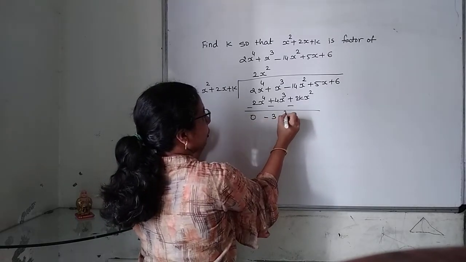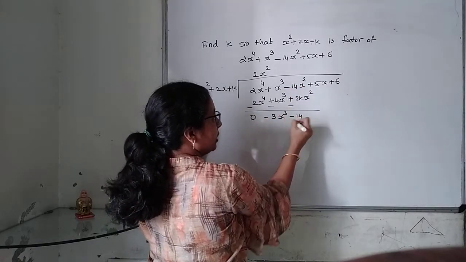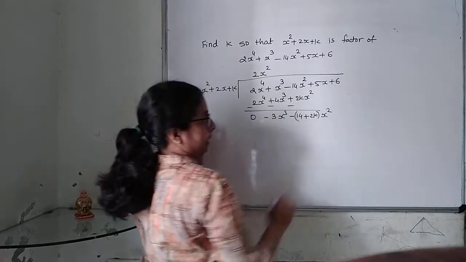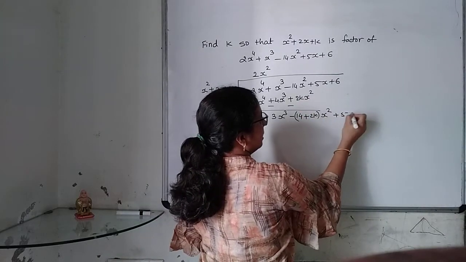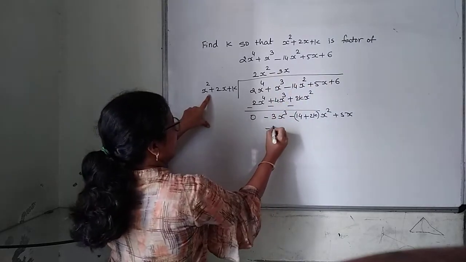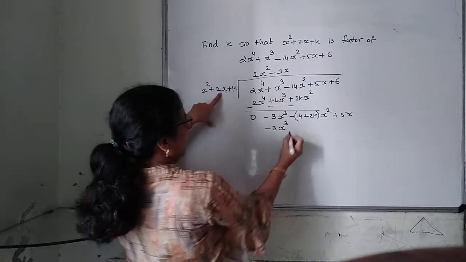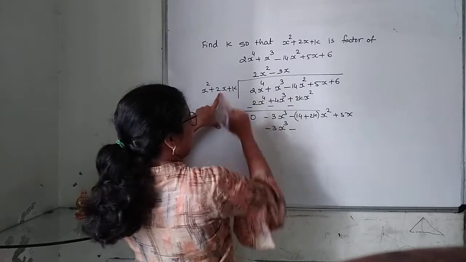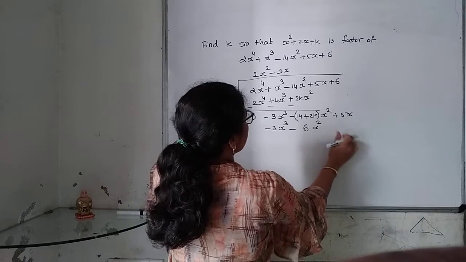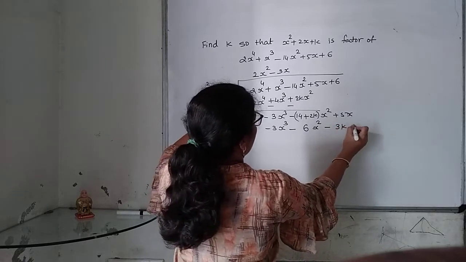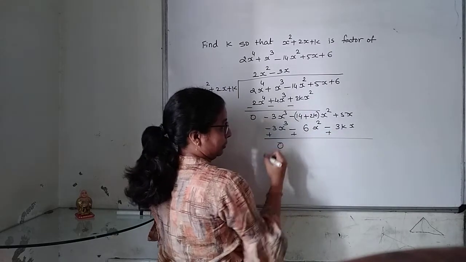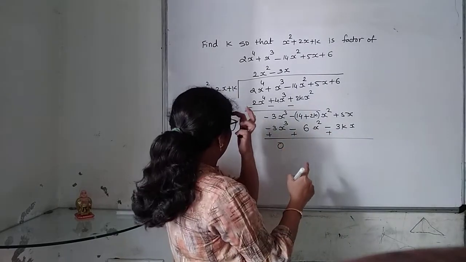Here 3x cube, here is minus 14 plus 2kx square. Bring down the 5x from above. Now you have to multiply by 3x: minus 3x cube, minus 3 2s are 6x square, minus 3kx. You have to change the sign here.